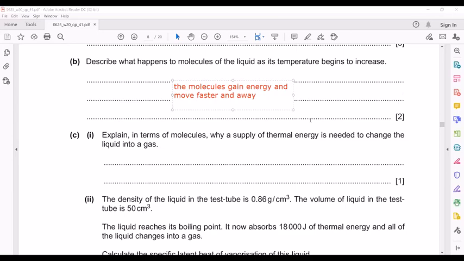Why in this case can you not mention the intermolecular forces? It is right, but that explanation is valid when the question is to explain what happens when the liquid is boiling. Then your answer should include that energy is used to break the intermolecular forces.